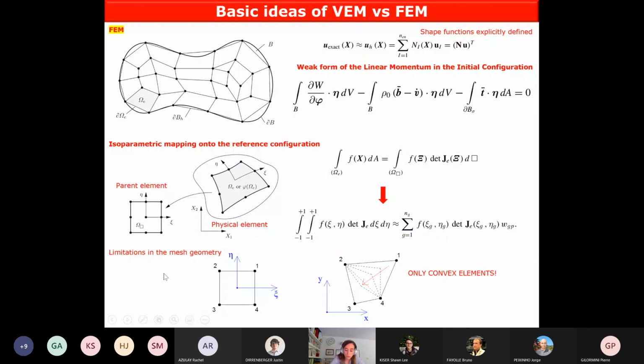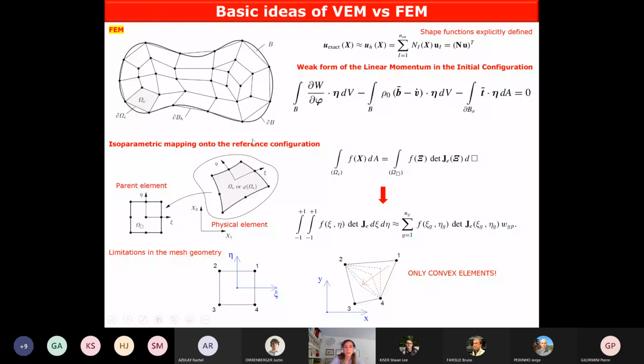One key point of the method is that the Jacobian of the transformation has to fulfill some specific requirements, so that some limitations in the mesh geometry arise. The most important is related to the fact that only convex elements are feasible in this approach.